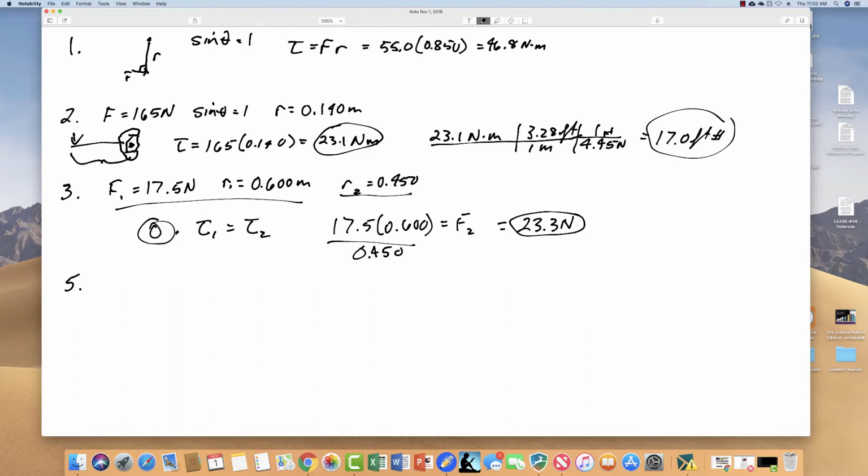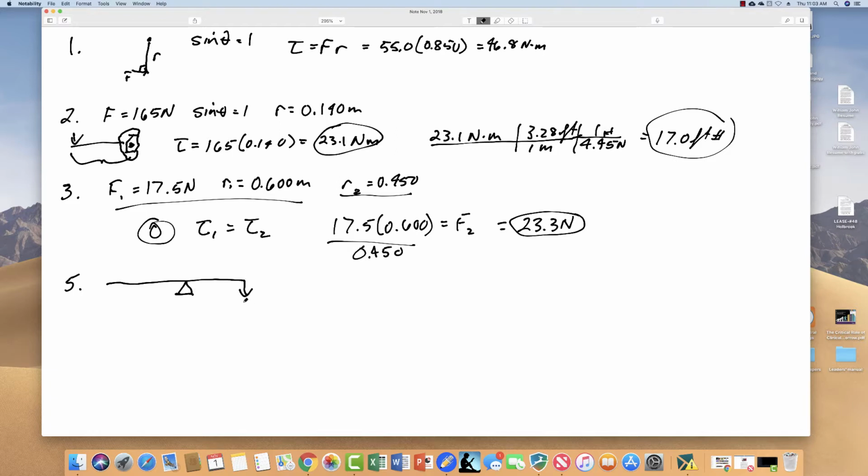But if you repeat this problem, what you're trying to find is the distance that the larger child is from the pivot. So let's draw it first, which is what I usually do. The pivot point is closer to the larger child.